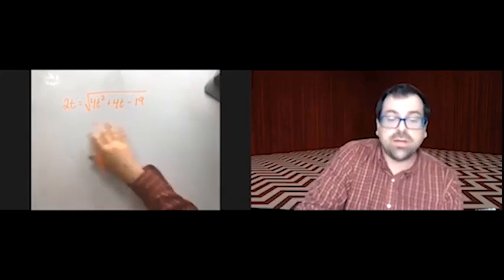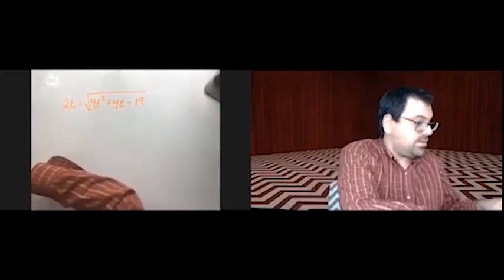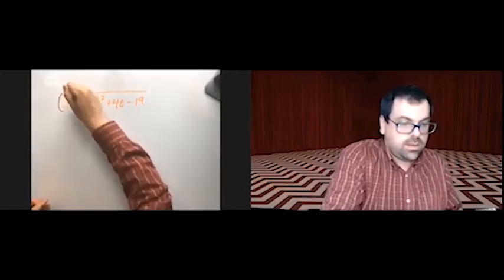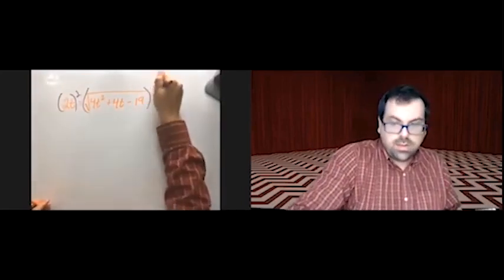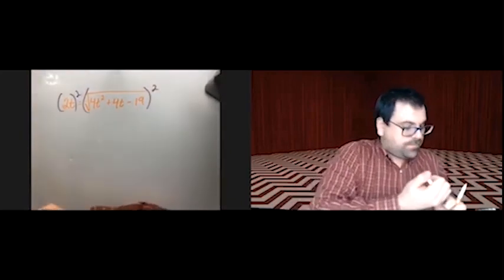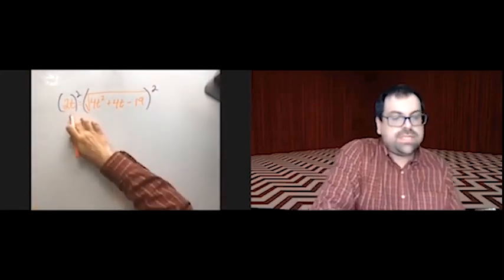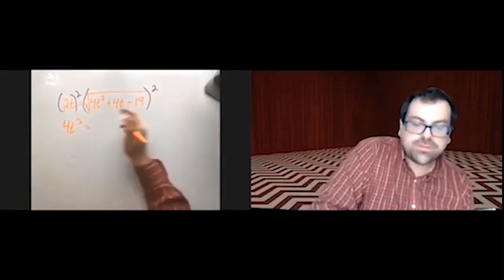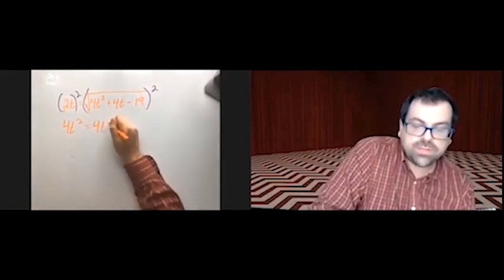Let's go ahead and square both sides. Two t squared is 4t squared. Squaring a square root gets rid of the square root.